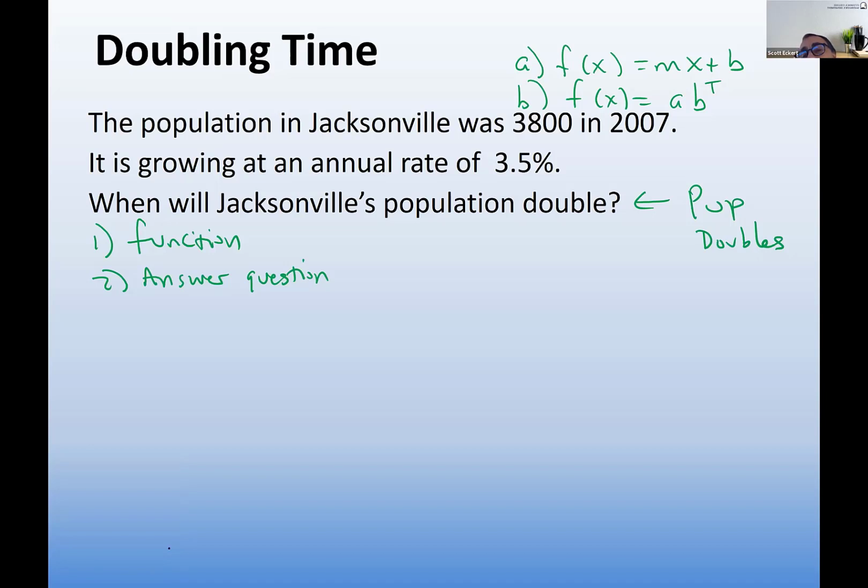I want to add something. You're conceptually getting it really strongly, but I'm going to add a little conceptual detail to this. Linear functions grow by adding.